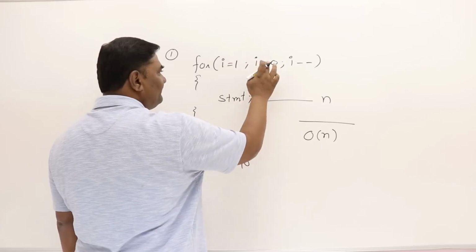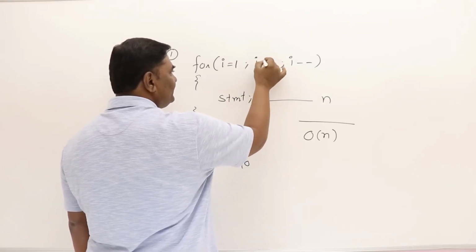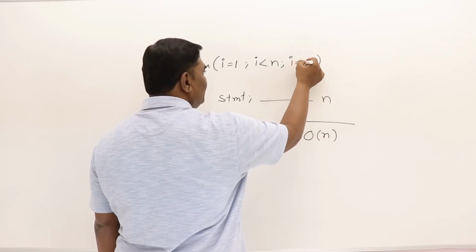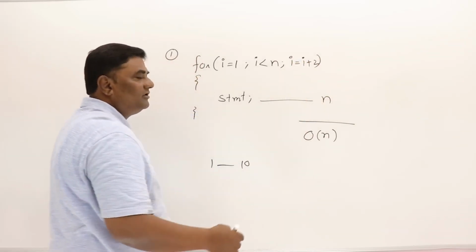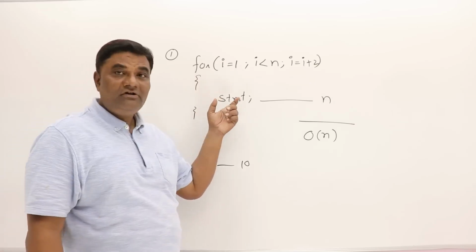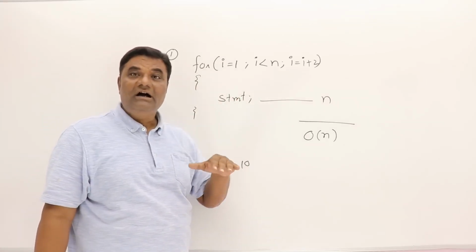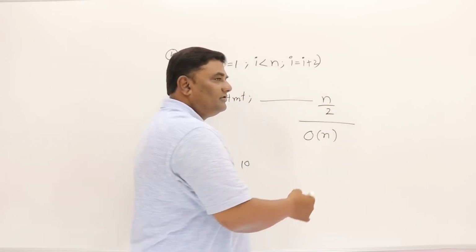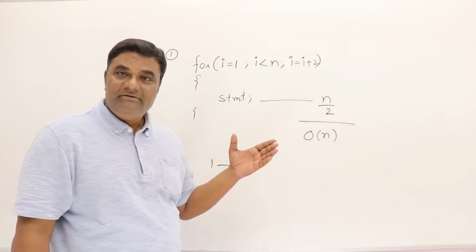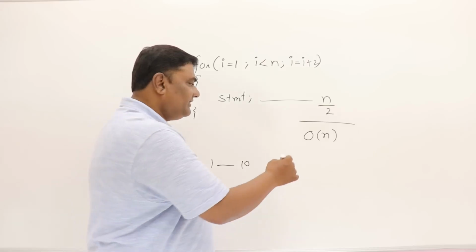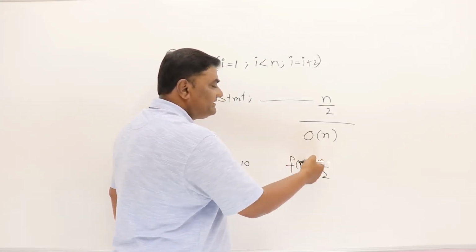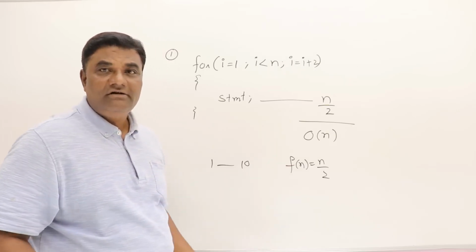If this is starting from 1 and the condition is less than n and i is being incremented by 2, this statement will not repeat for n times but half of the n times, n by 2. If the function is n by 2, what is the degree of the polynomial? n only.